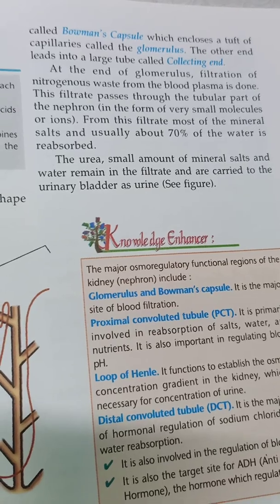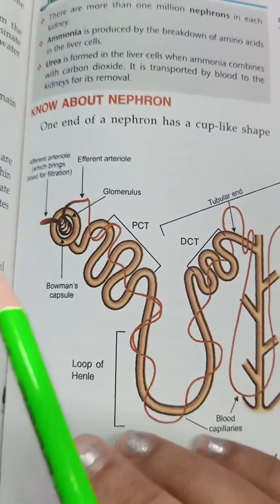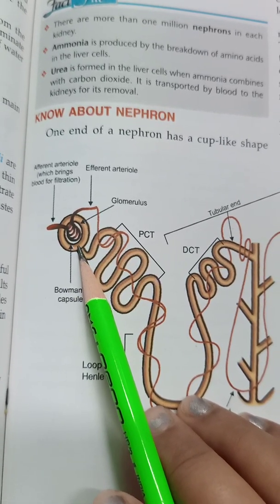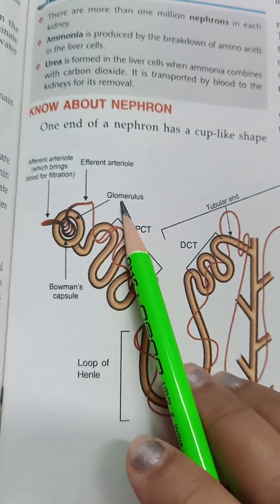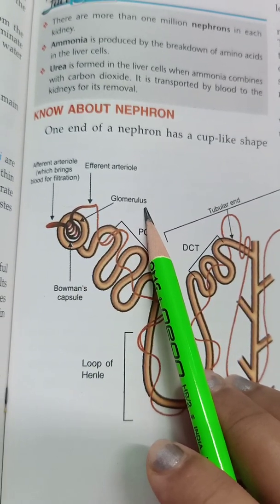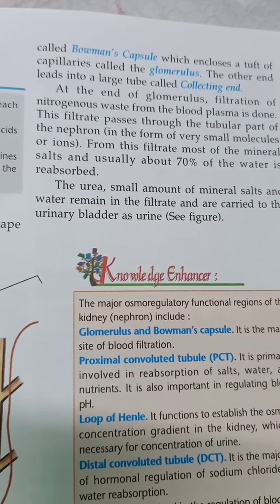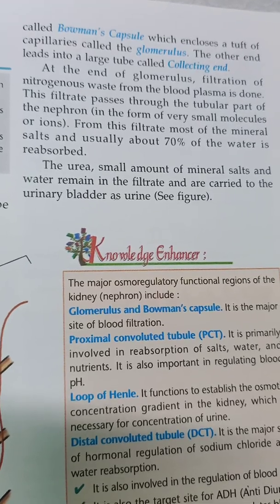Here you can see in the picture that this is a Bowman's capsule and there is a collection of capillaries, and that is known as glomerulus. The other end leads into a large tube called the collecting duct.